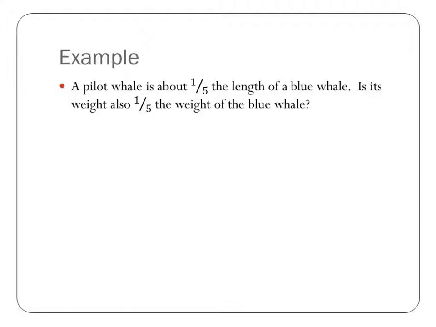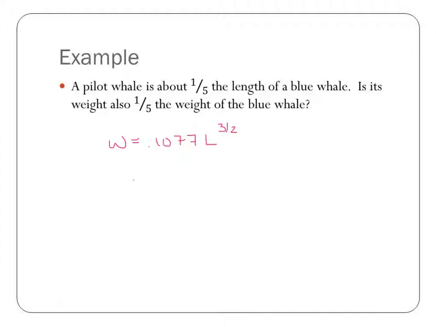And one last word problem here. A pilot whale is about 1/5 the length of a blue whale. Is its weight also 1/5 the weight of a blue whale? So if you look at this, you know, we had our equation, W equals 0.1077 L to the 3/2.